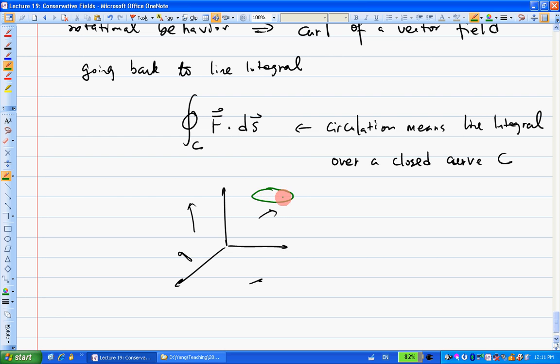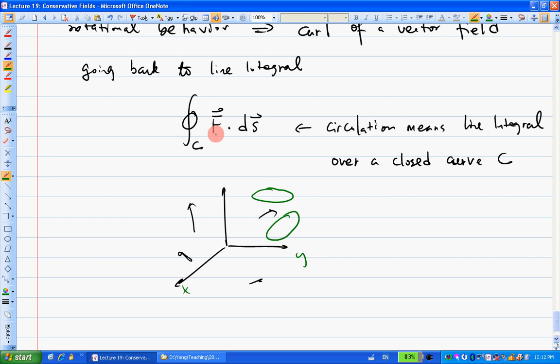Basically, C is a closed curve parallel to this xy axis, right? However, if I keep the same circle, but I tilt it a little bit like this, right? Yeah. So basically same circle, but it's being tilted.